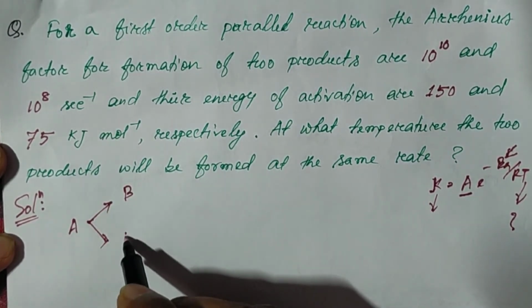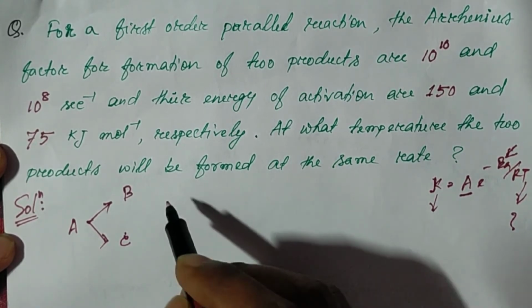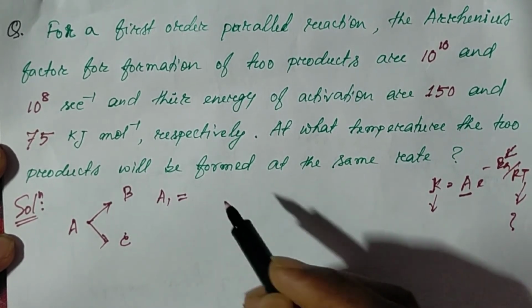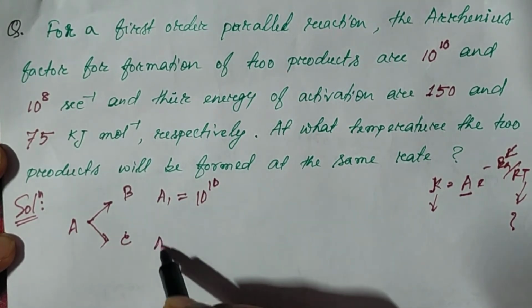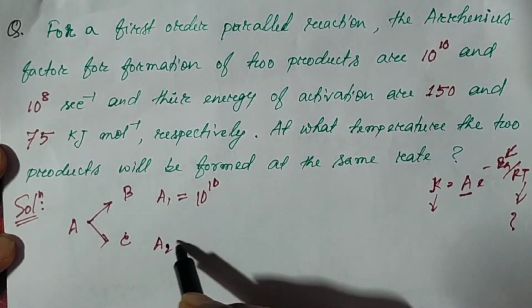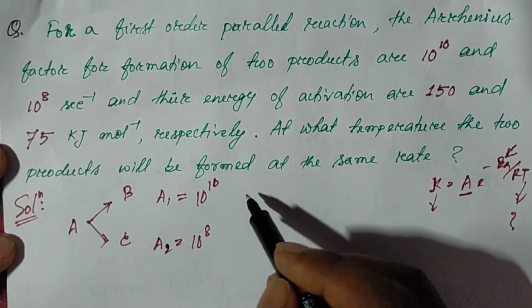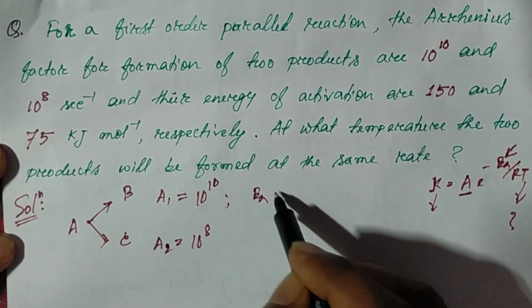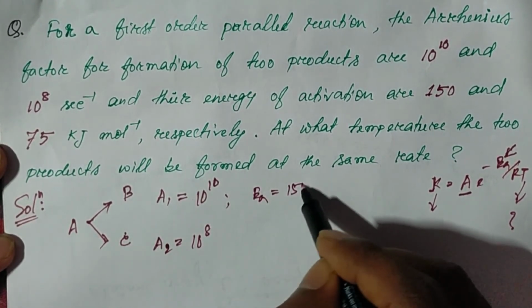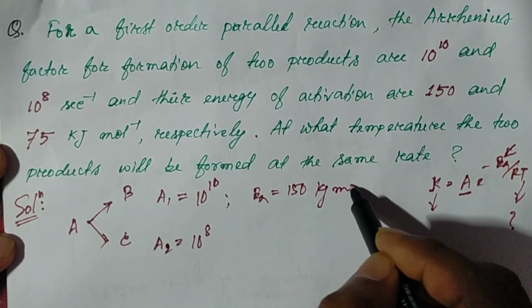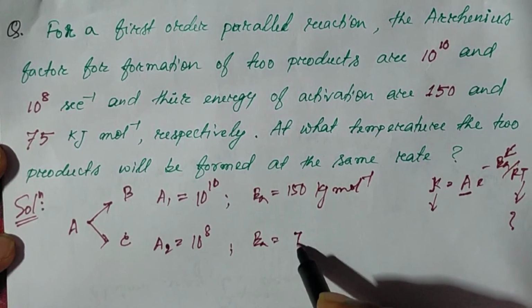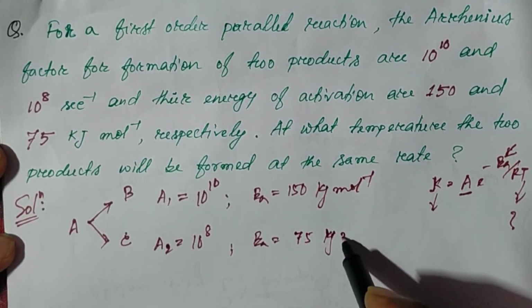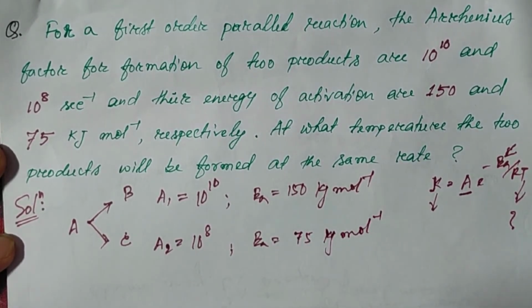There are two products B and C. In the first case, A1 the Arrhenius factor is 10 to the power 10, and in this case the Arrhenius factor is 10 to the power 8, and the activation energy is given as 150 kilojoule mole inverse. And in this case also the activation energy is 75 kilojoule mole inverse.